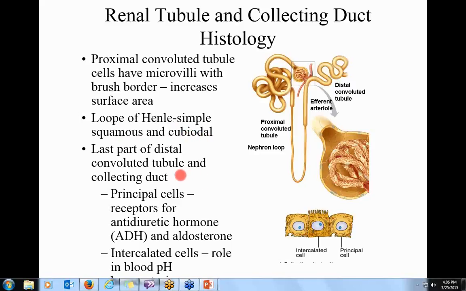And in the distal convoluted tubule and collecting duct, you do have special cells that contain receptors for antidiuretic hormone and aldosterone. If you remember, both of these increase the reabsorption of sodium, which increases the reabsorption of water. So it makes you retain water. And you also have some intercalated cells which play a role in pH, which is another function of the kidney.